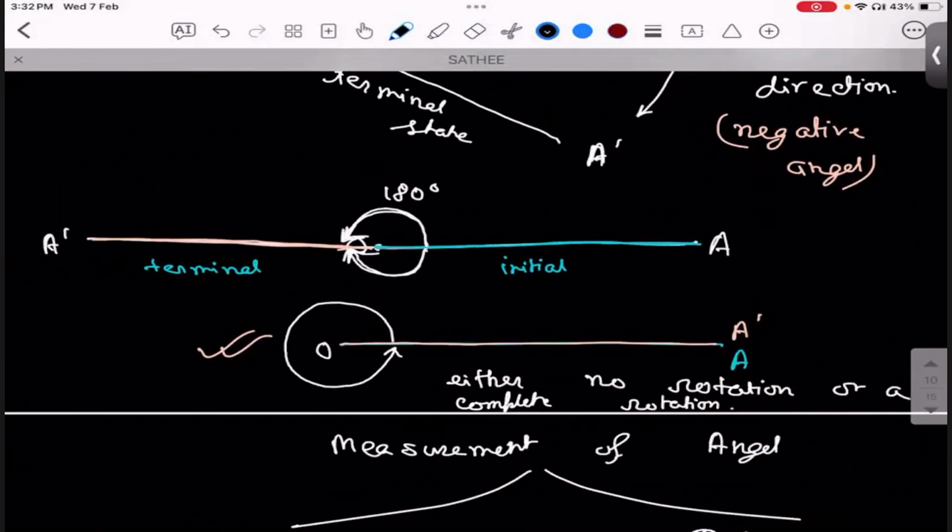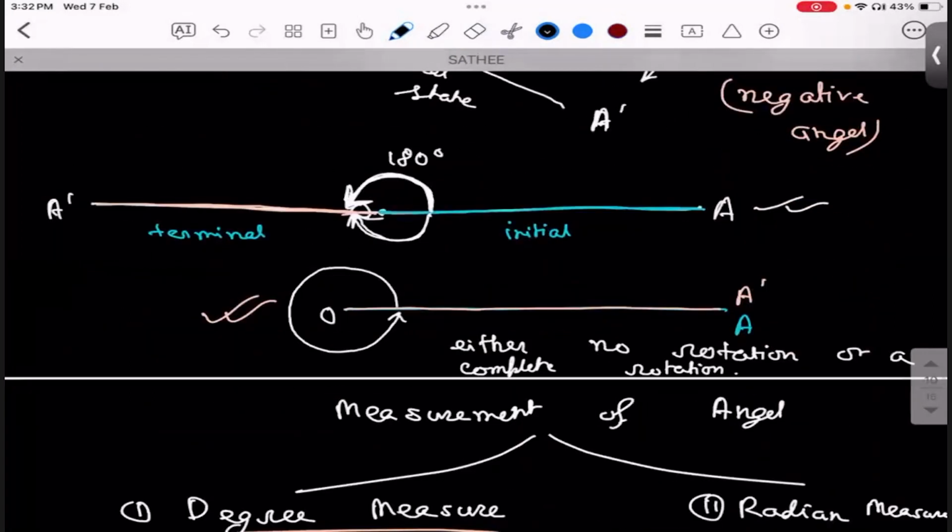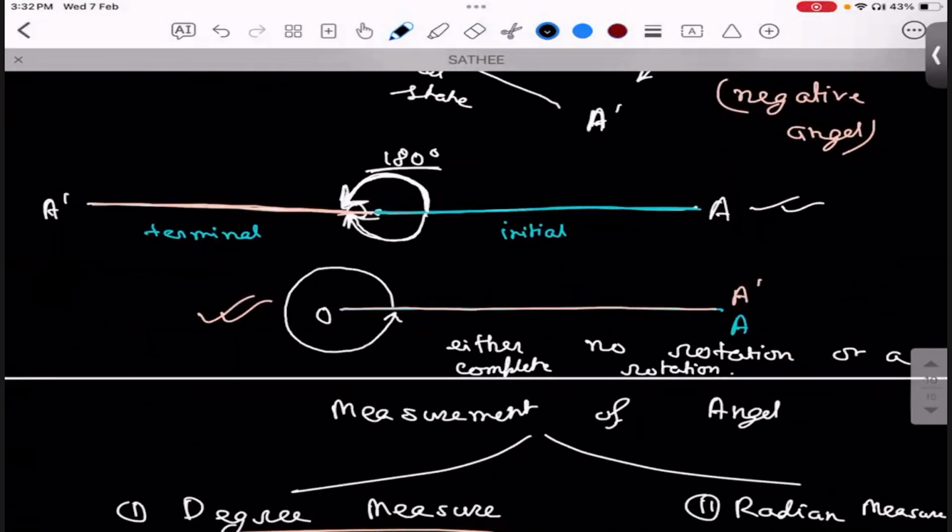It is our initial state. In this case, the initial state is blue and the terminal state is red. Along the anti-clockwise direction, the rotation was 180 degree. But if I go along the clockwise direction, then also it will be 180 degree.